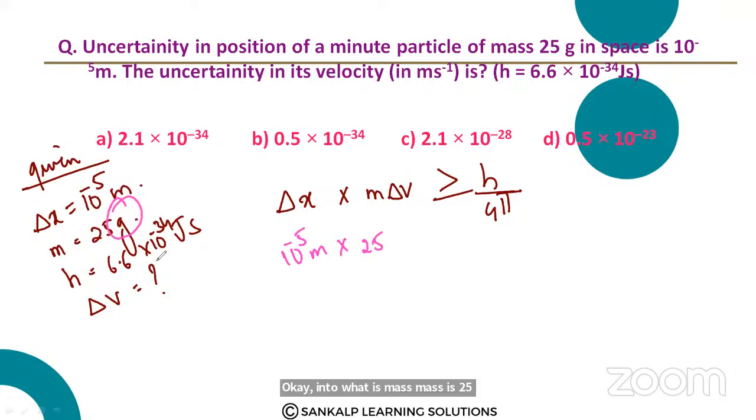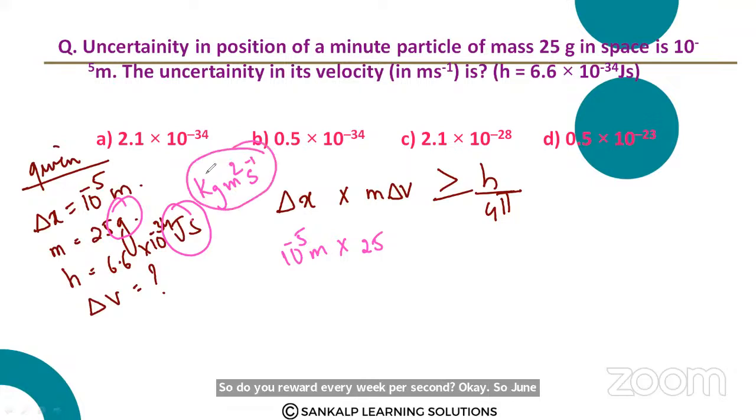I have to convert it into kg because of the other units, joule second. Joule can also be written as kg meter square per second square. So this second gets cancelled and it becomes only per second. So joule second can be written as kg meter square per second.